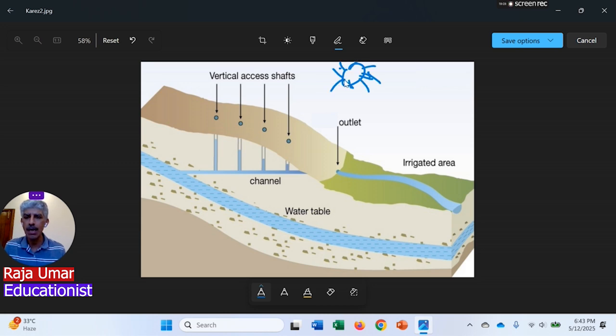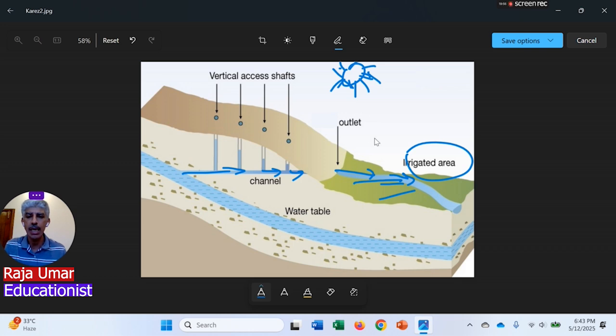Because of the heat of the sun, water gets evaporated, but they transport that water underneath, and when the tunnels have reached the irrigated areas, they pull out that water over the field and irrigation is done. This is how they save water, and they are able to irrigate some parts of land there.